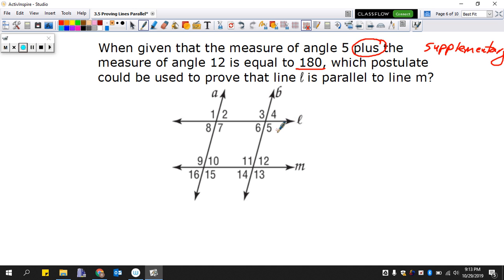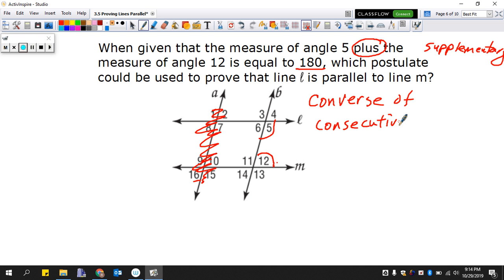Angle 5 is right here, angle 12 is right here, and sure enough, we don't have to worry about this over here. 5 and 12 are both interior, so this is the converse of the consecutive interior angles. You can either say the converse of the consecutive interior angles or the consecutive interior angle converse. Doesn't really matter a whole lot.